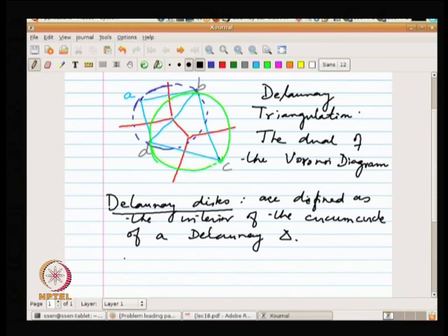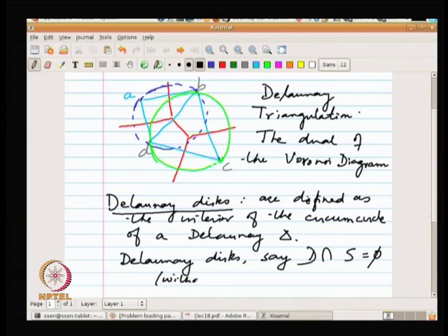So, the Delaunay disc D, intersection with the set of points S, is empty if you do not consider the points on the boundary, the points that define the disk.